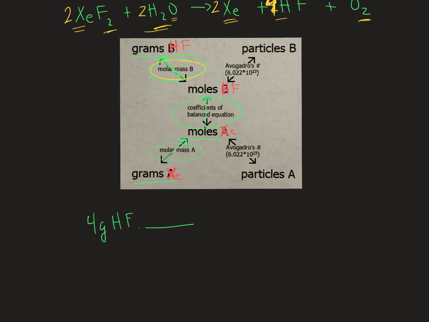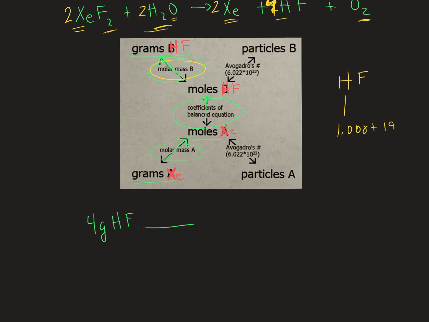All right, so now we have 4 grams of HF, and what it tells us to do is use moles of HF, right? Not moles, molar mass of HF. So what is the molar mass of HF? 1.008 plus 19, right? So 20.01, sure.